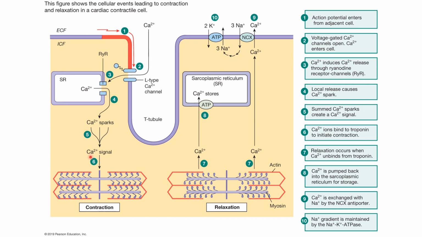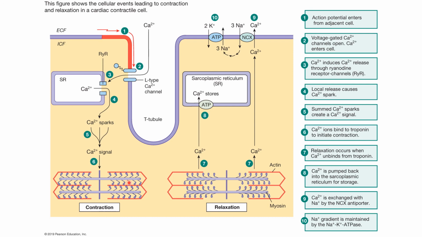And once the cross-bridge cycle is initiated, the heart muscles are going to start contracting and eventually also relaxing. Now, the events of the excitation contraction coupling in our contractile cells is different compared to what's happening in our skeletal muscle cells. But the cross-bridge cycle is exactly the same.